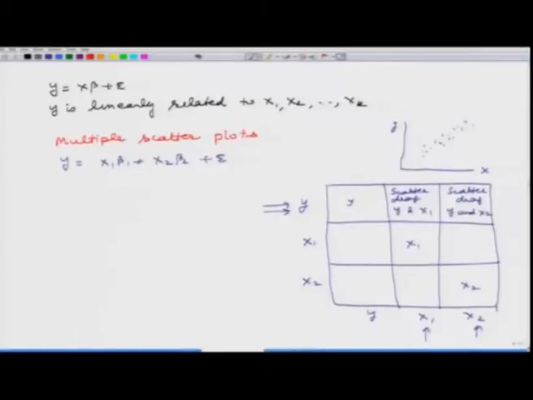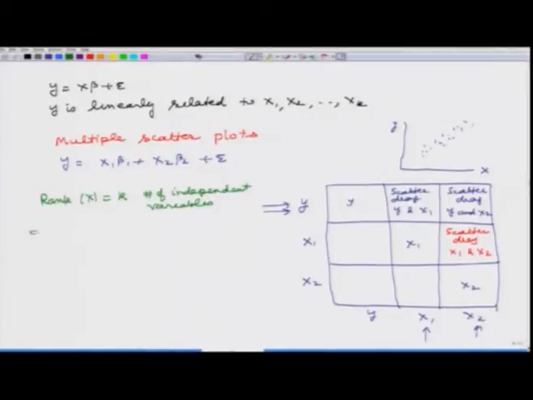One thing we have to notice is that this section will give us a scatter diagram between x1 and x2. What does this mean? I would try to demonstrate here how it actually helps us. If you remember, we had made an assumption that the rank of the X matrix is going to be K, that is, the same as the number of independent variables or number of explanatory variables.